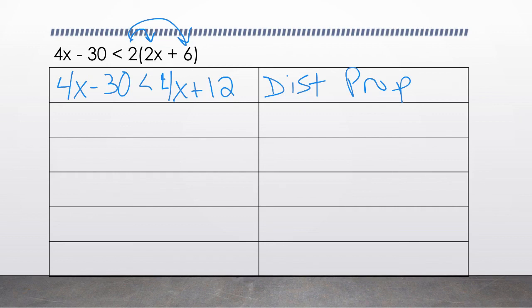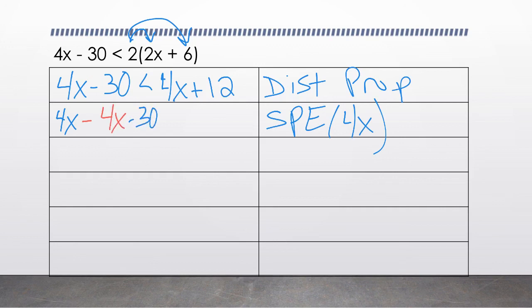Next, I'm going to subtract 4x from both sides. Remember, those work the exact same. So I have 4x minus 4x minus 30 is less than 4x minus 4x plus 12.